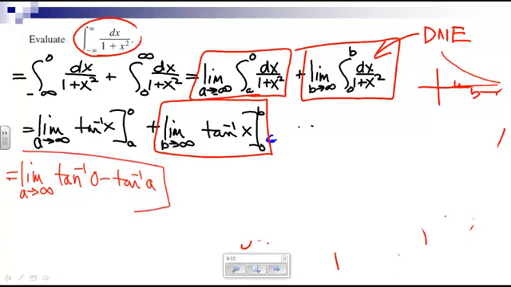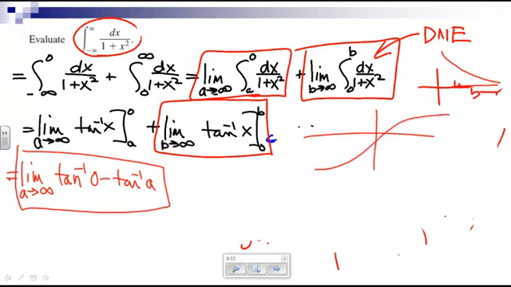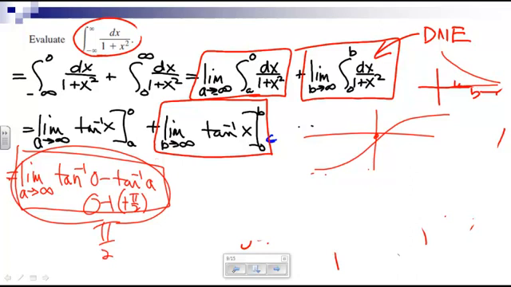Okay, let's just take that part. Yes, it is true that inverse tangent looks like this. And indeed, as x approaches negative infinity, inverse tangent approaches negative pi over 2. This part is inverse tangent of 0, which is 0, plus pi over 2. It is pi over 2.